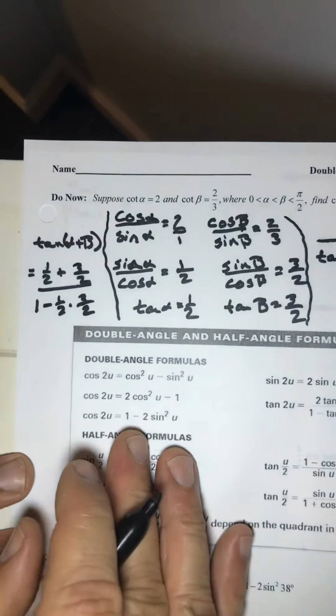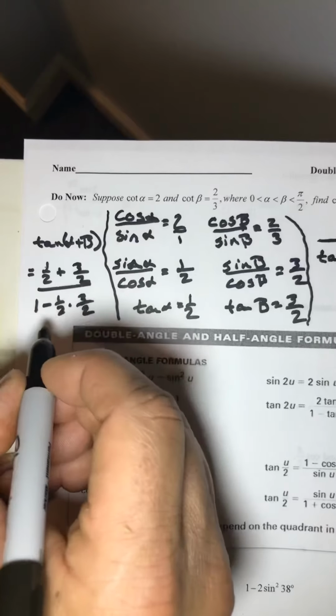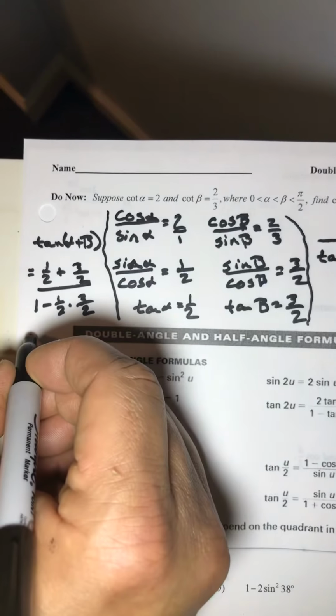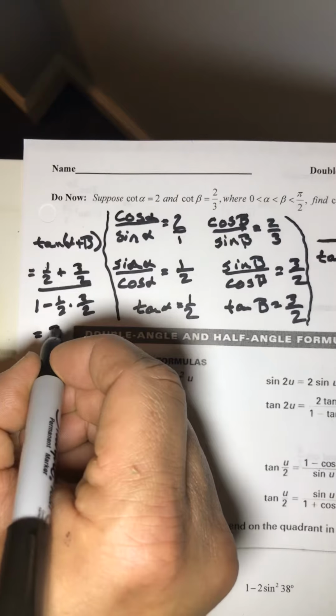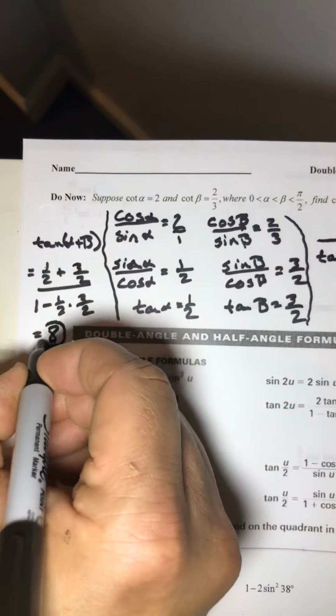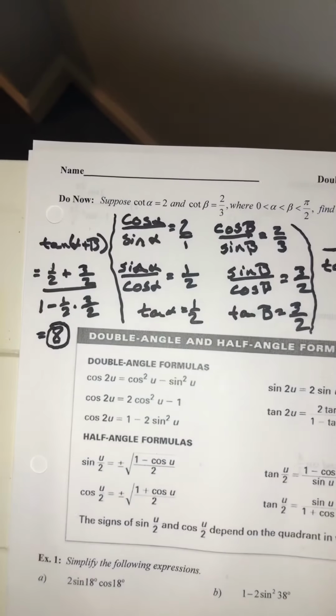I'm going to have to do a little bit of calculating here because I'm out of room. This does calculate to be 8. So if you did all of that work and stay change flipped and everything, it comes out to be 8.